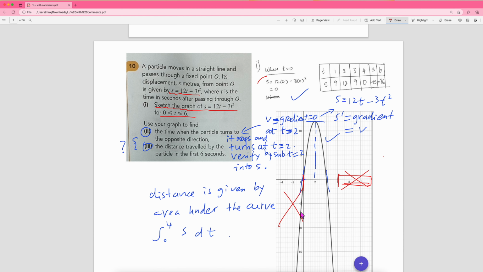So you use the table there to draw, right? You should start from 0. 0 to 6. But 0 is 0, start at the origin. So you need to use this table to do.